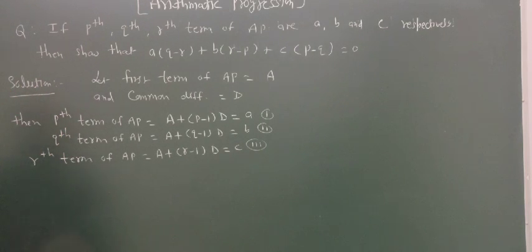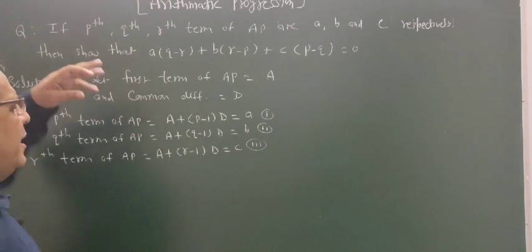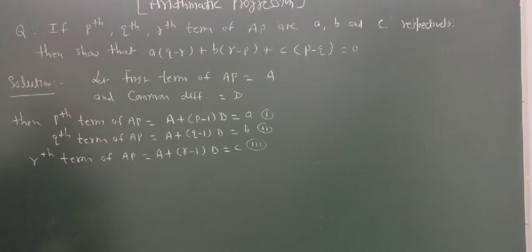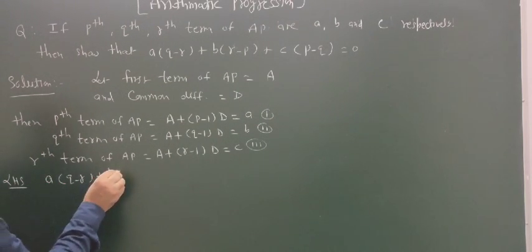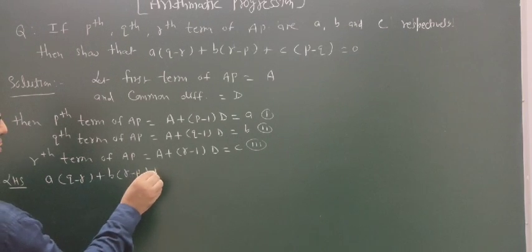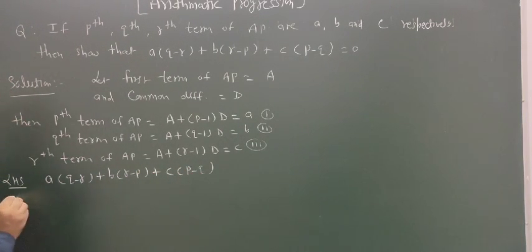So in these three equations, we have the values of small a, small b and small c as the pth term, qth term and rth term of the AP. Now take the left hand side. We have a into q minus r plus b into r minus p plus c into p minus q. Now put the values of small a, small b and small c.